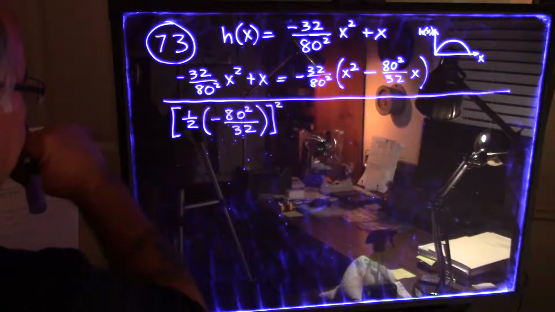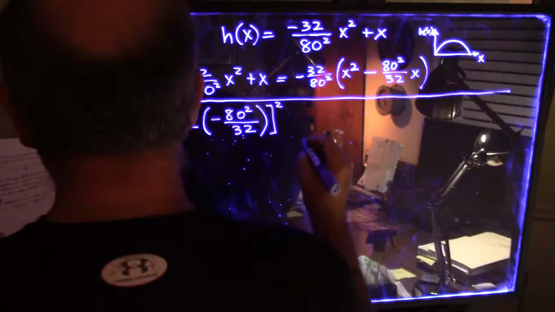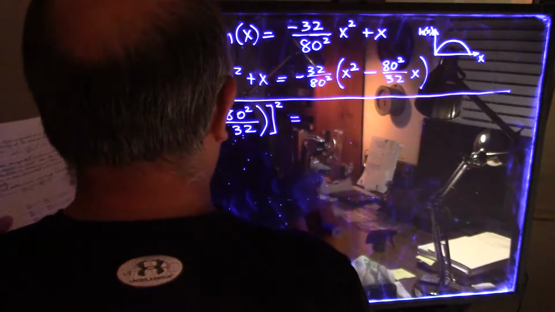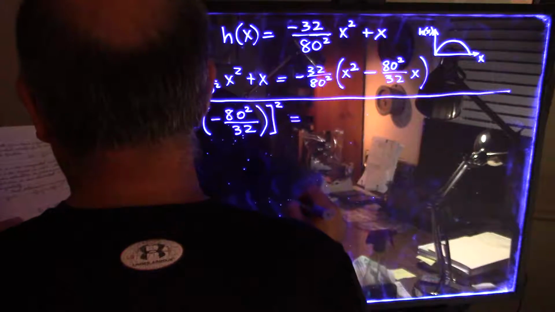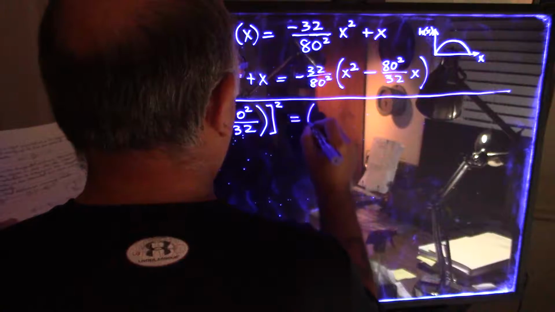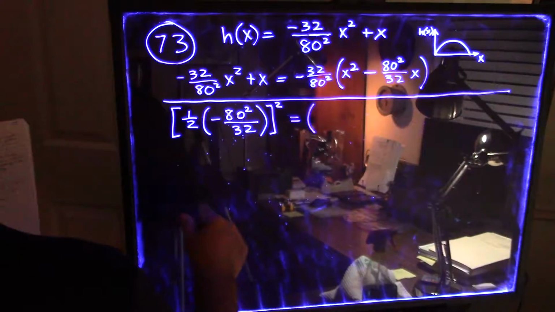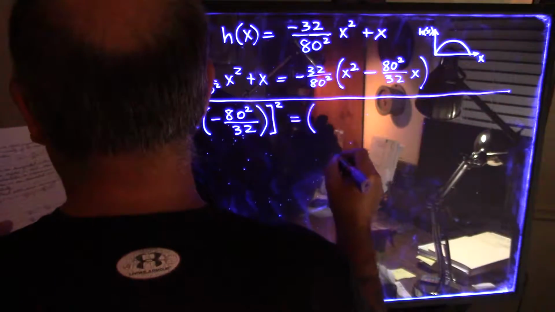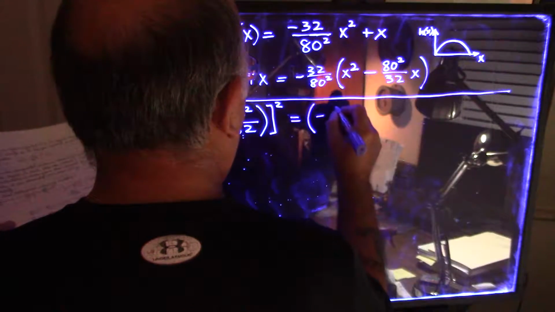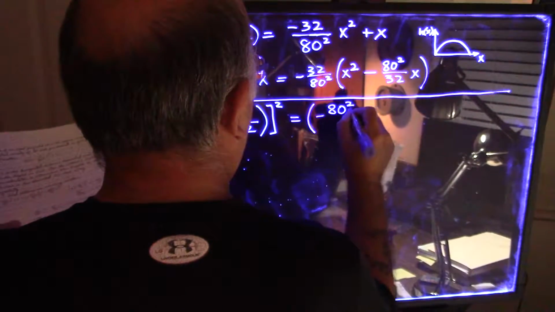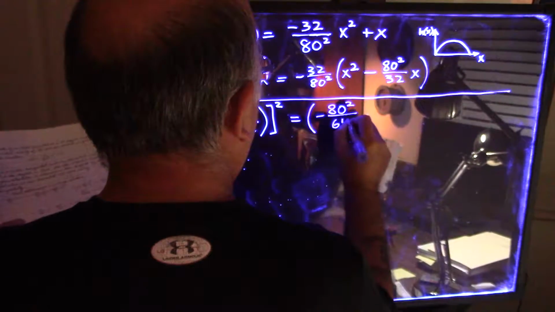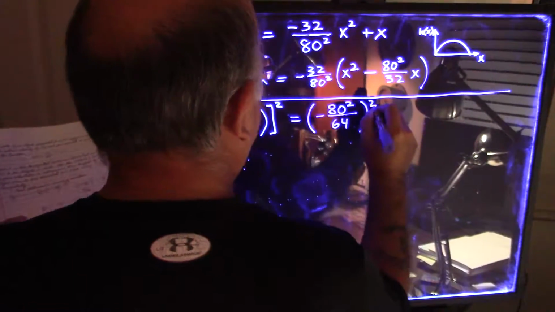Multiplying half times that, we get negative 80 squared over 64, and then we're squaring that.